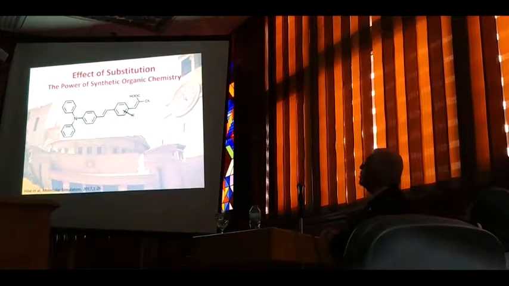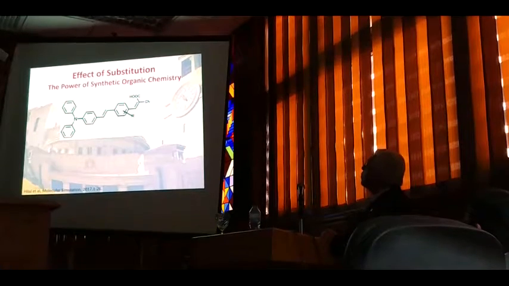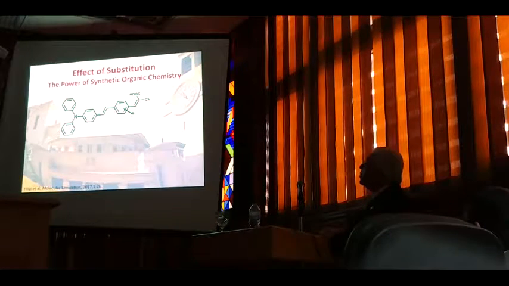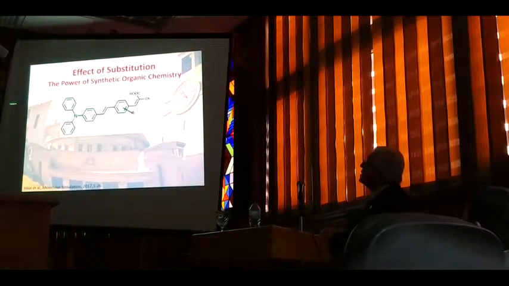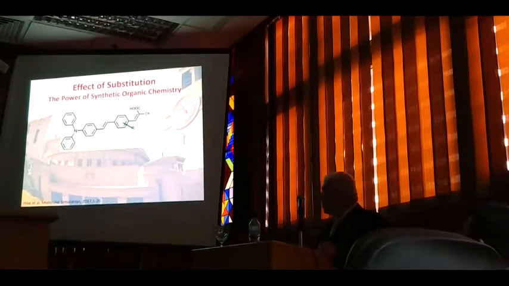This is the anchoring and acceptor. So electrons will go in this way. We want to substitute here to increase the withdrawing power of this dye. And that's what we did.